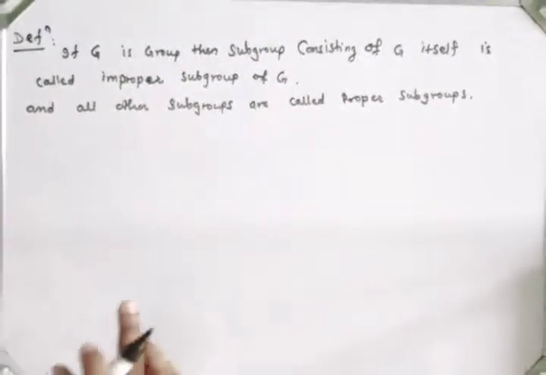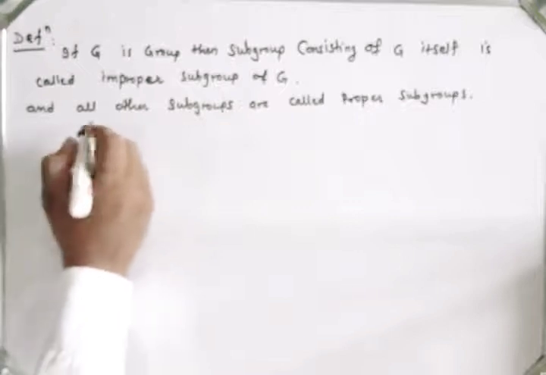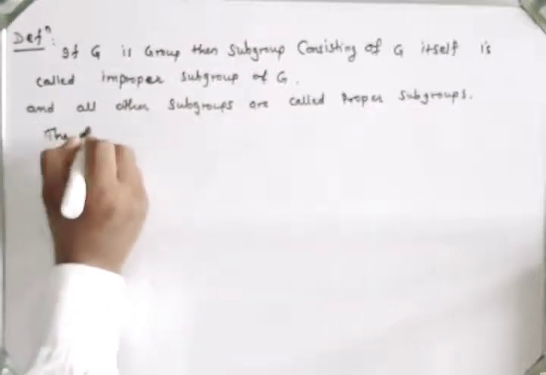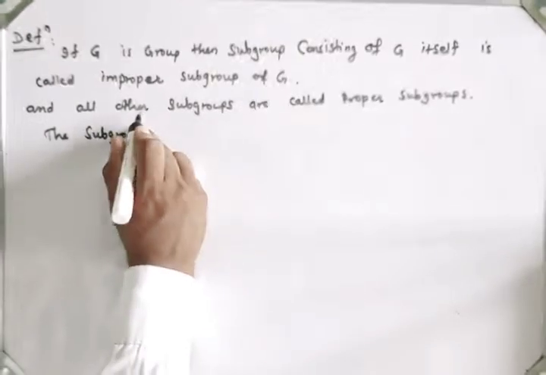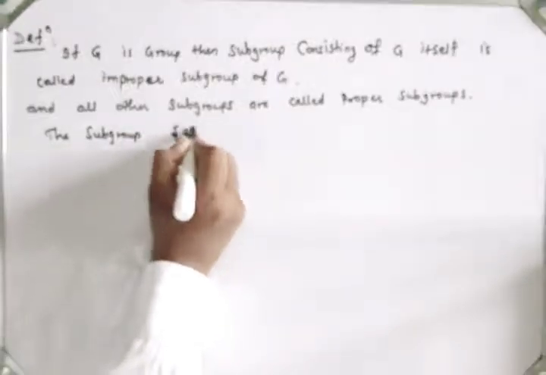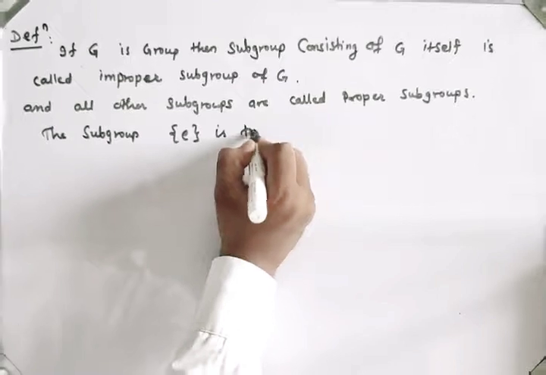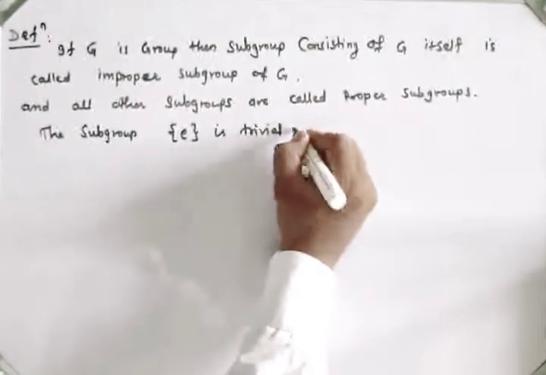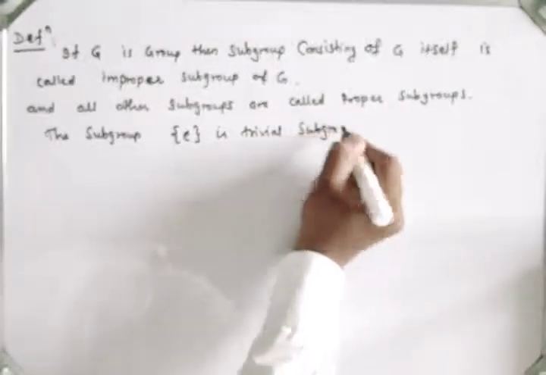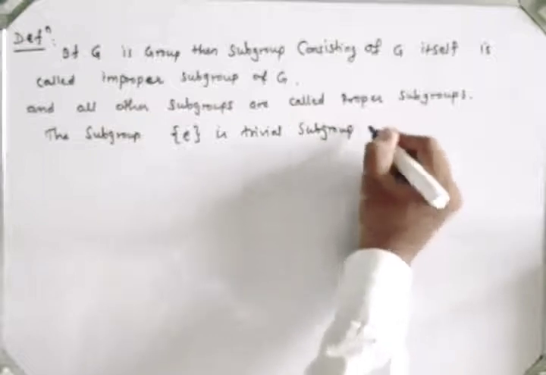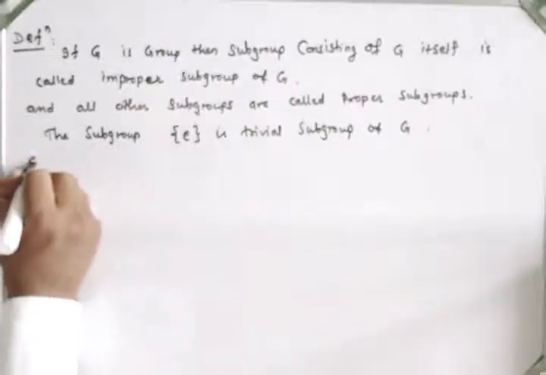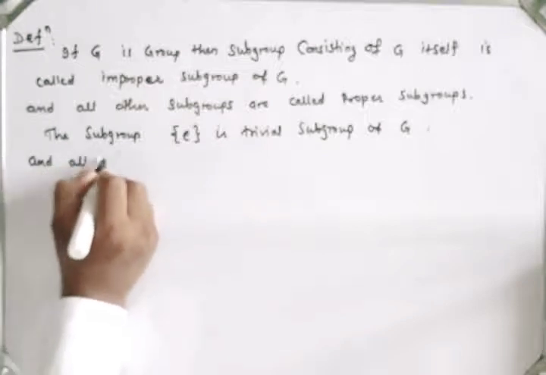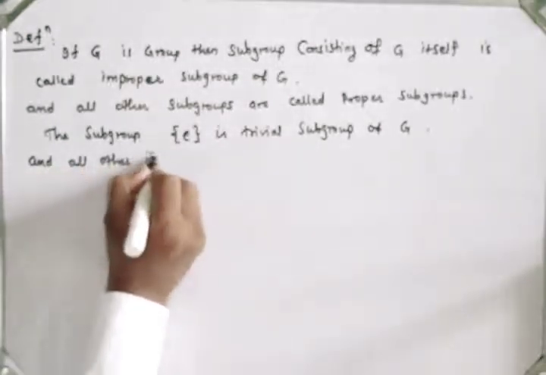The subgroup identity is trivial. Identity is a trivial subgroup of every group G, and all other subgroups are non-trivial.